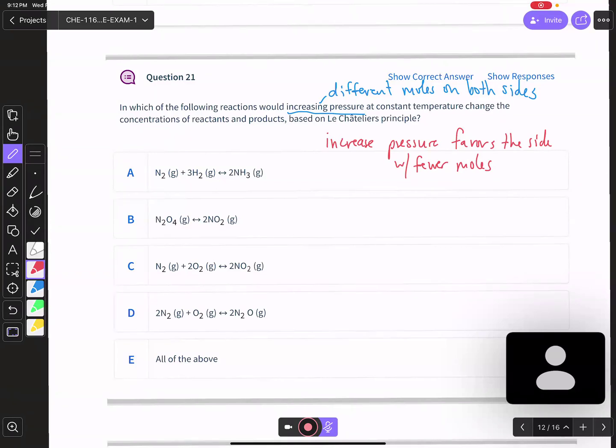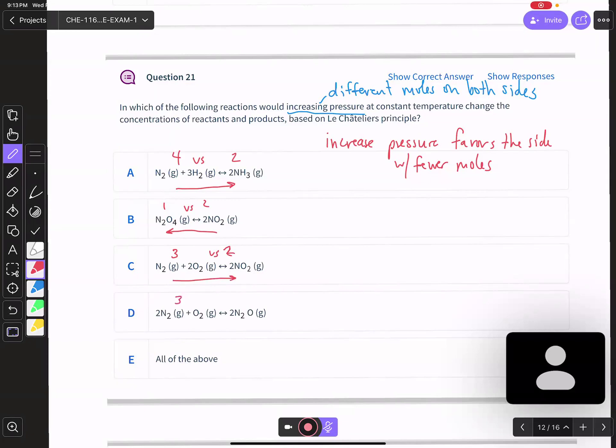So if I increase pressure, I've got 4 moles here versus 2 moles here. So I'm going to push that equilibrium to the right. I've got 1 mole versus 2 moles. So increasing pressure would shift that equilibrium to the left. I've got 3 moles versus 2 moles. Increasing pressure would shift that equilibrium to the right.